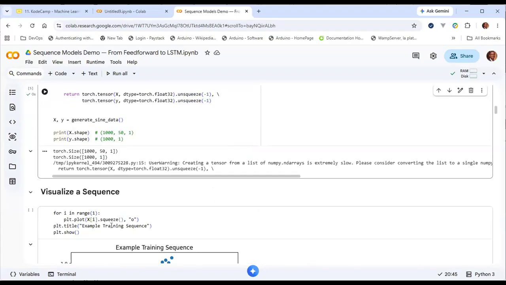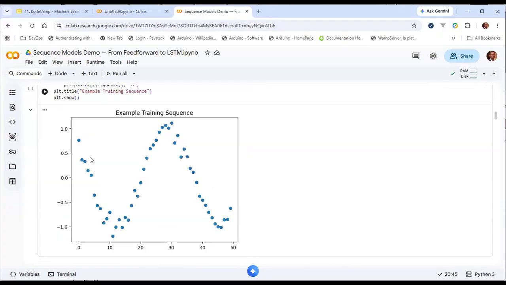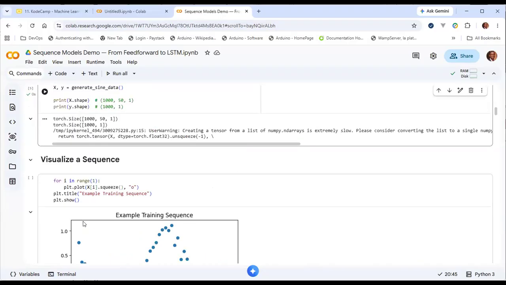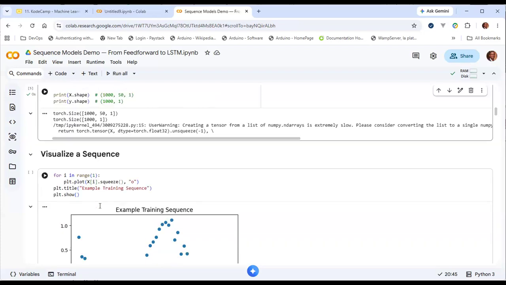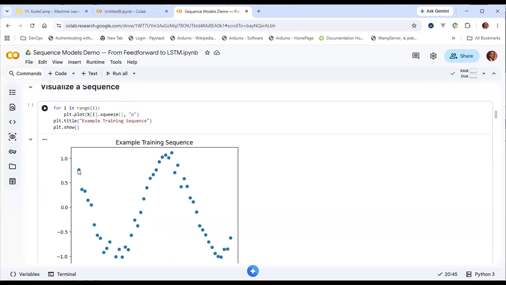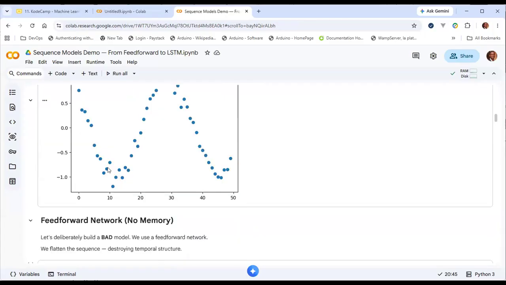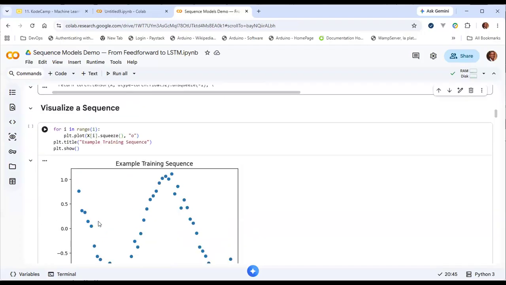I'll swap this out with another kind of data set, but let's just run this. So this is how you visualize. Basically, you're just taking each of the values of x and you plot a single dot corresponding to the x and y values there. So that will give you this. You can see it's kind of a funny sine wave.